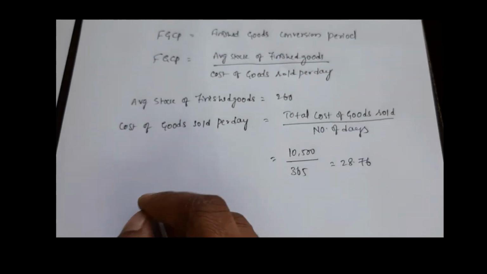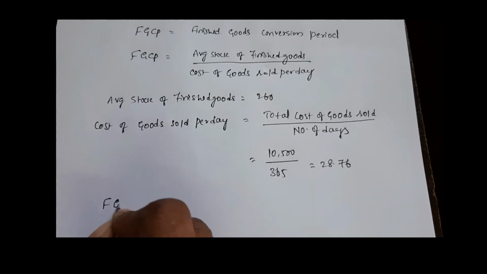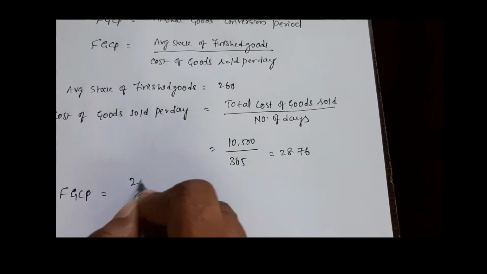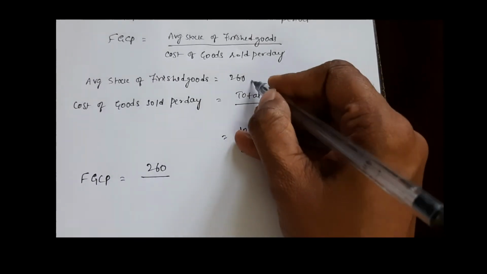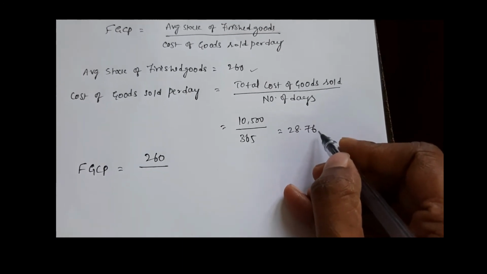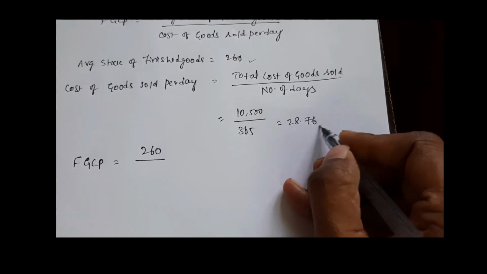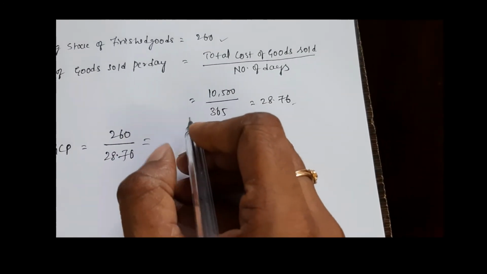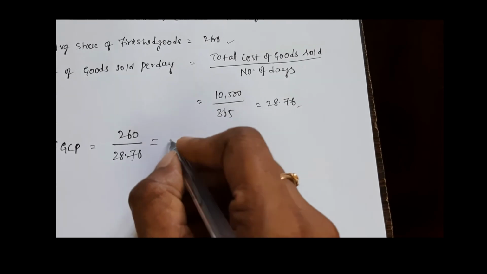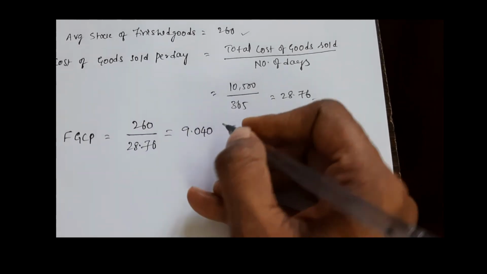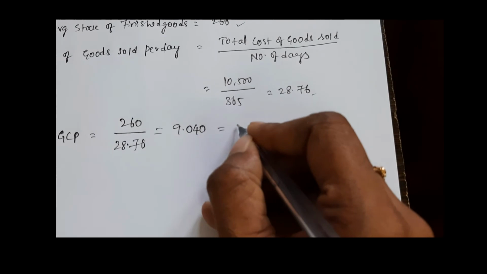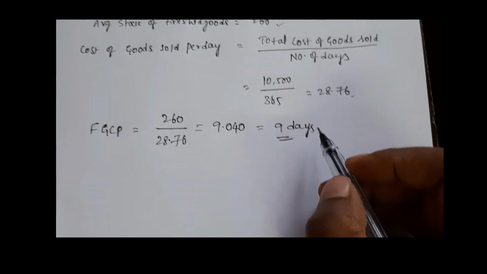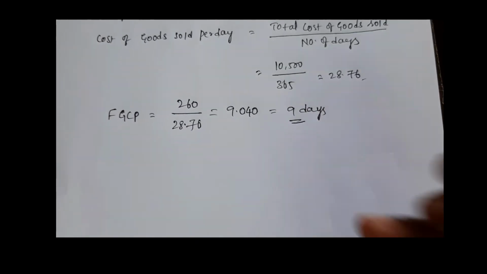Now FGCP is equal to average stock of finished goods, 260, divided by cost of goods sold per day, 28.76, and we will get 9.040, and this can be rounded off to 9 days. So the conversion period of finished goods is 9 days.